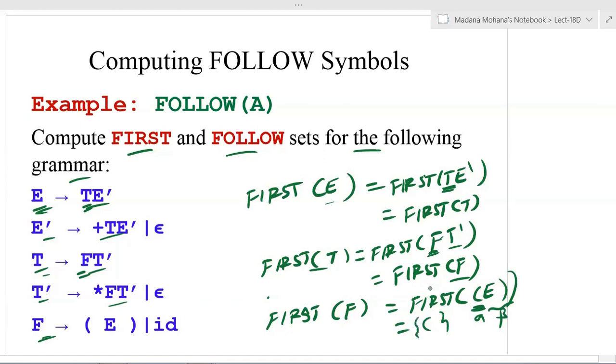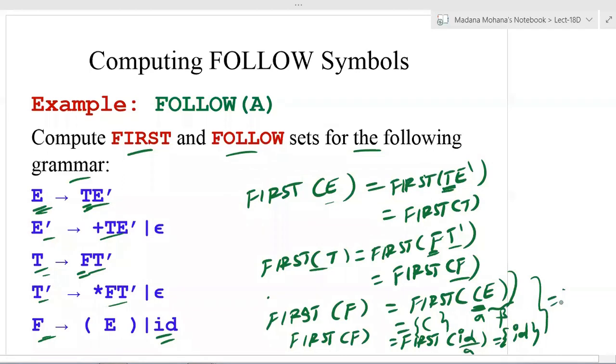Then another one, if you take F as id, therefore first of F equal to first of id. So id is a single terminal. So here you will get id only. Therefore, first of F, by combining these two, you will get left parenthesis comma id. This is equal to first of T, left parenthesis comma id. Now that is equal to first of E, left parenthesis comma id.